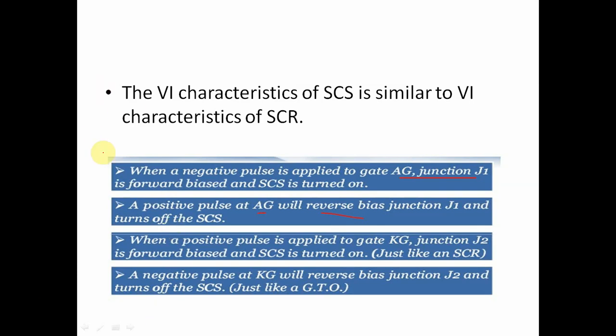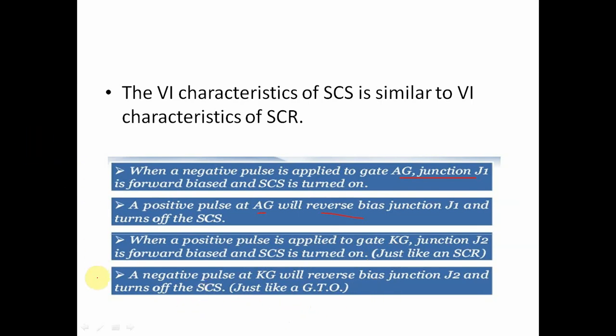When a positive gate pulse is applied to the anode gate, the SCS will be turned off, and a negative gate pulse turns it on. When a positive pulse is applied to the cathode gate, SCS is turned on, and when a negative pulse is applied to the cathode gate, SCS is turned off.